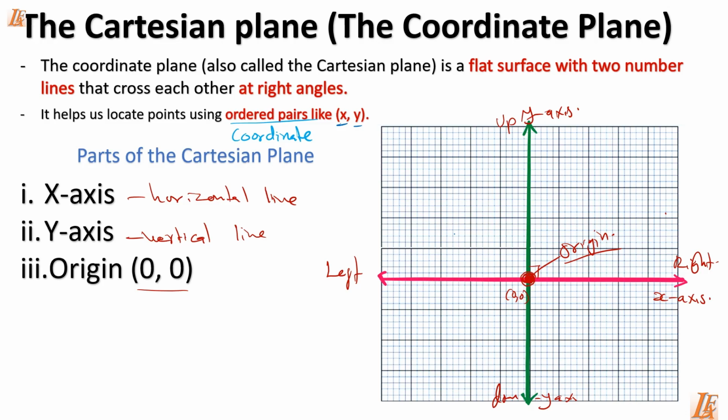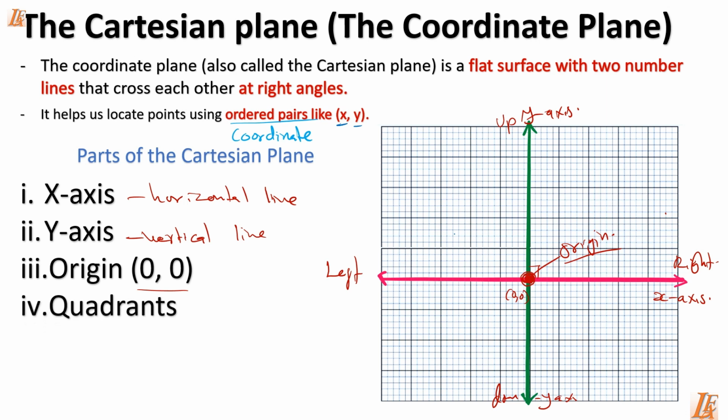So if we want to look at a point on the x-axis, we must stand at the origin, and then we look at whether it's going to the right side or to the left side. And if you are looking for a number on the y-axis, we stand at the origin, then we look at how far it is upwards or downwards.